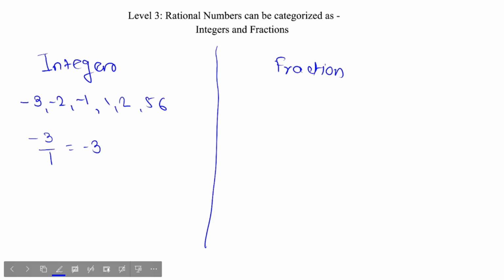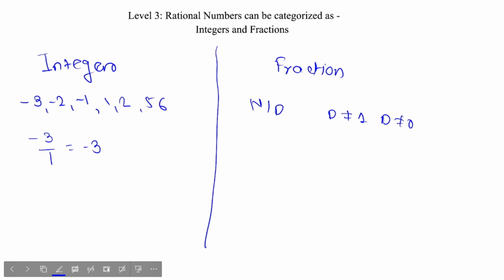So an integer is a standalone value represented in this format, not having any decimal, not having any fraction values. And a fraction can be represented as a numerator-denominator format, but here the denominator is not equal to 1 and not equal to 0 as well.